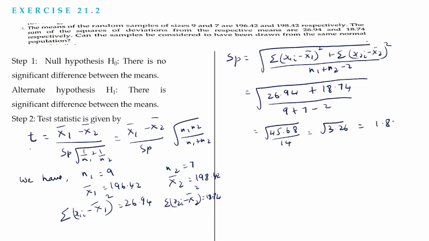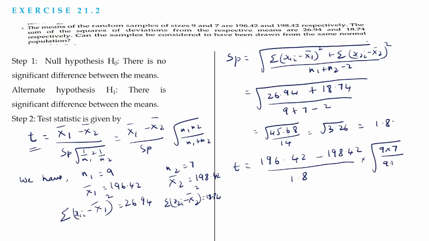Now let us find t. So t is equal to (x1 bar, 196.42, minus x2 bar, 198.42) upon sp, which is 1.8, into root of (n1 n2, 9 into 7, upon 9 plus 7).